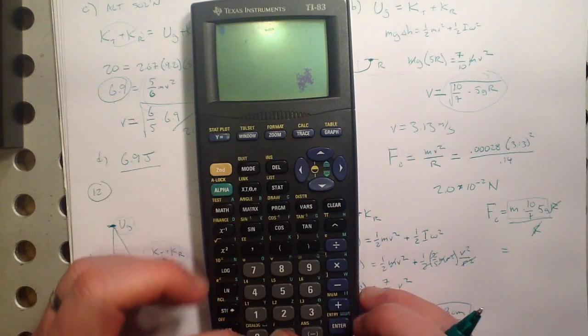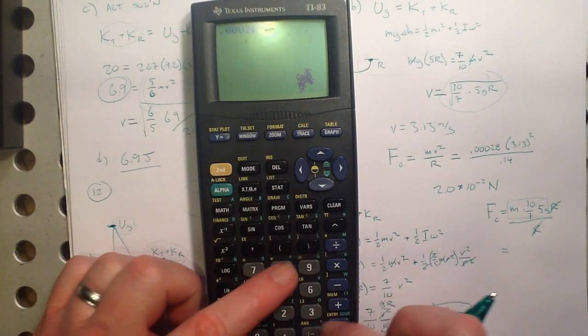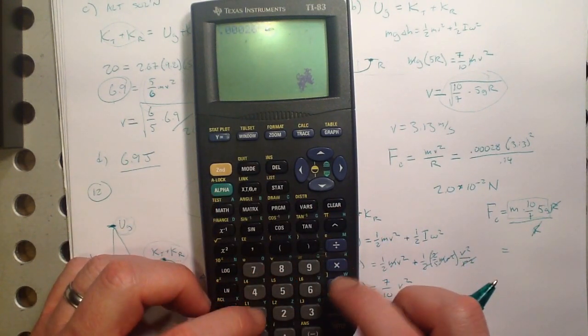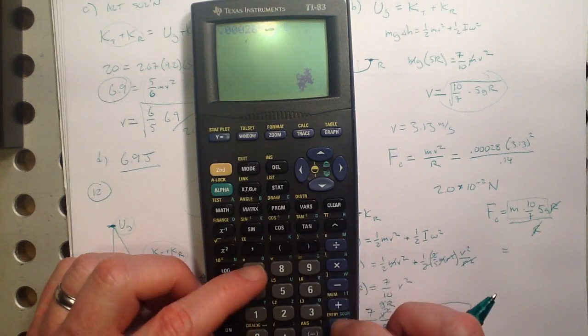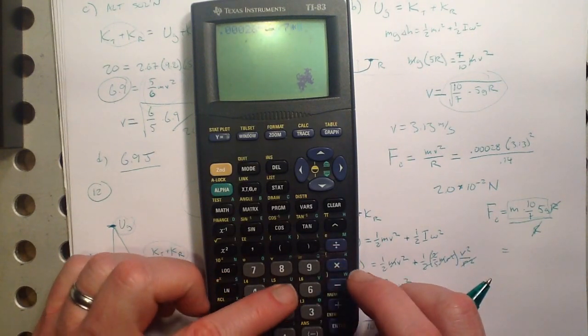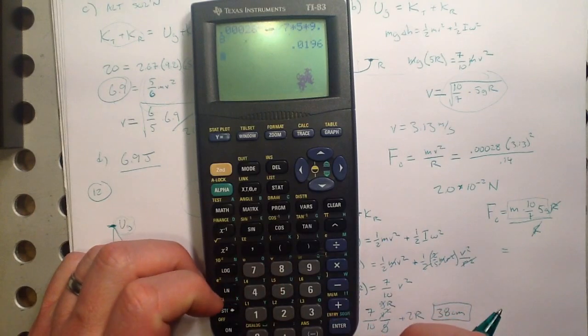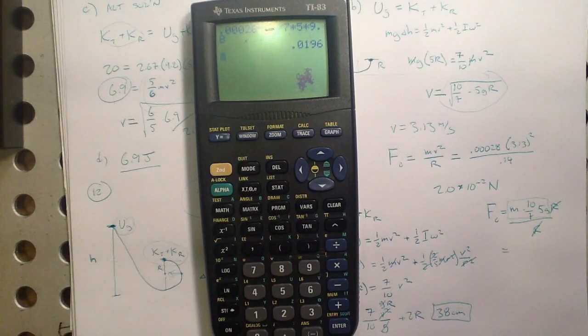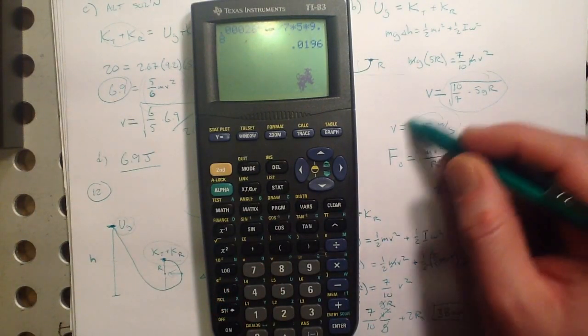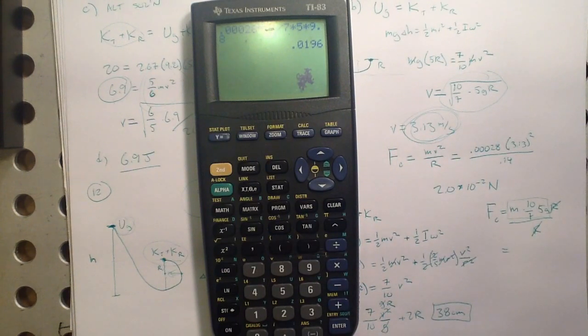So that's m, 0.00028 times 10/7 times 5g. Yep, and that gets me what they have. So it's just for rounding this number that I got something slightly different. So there you go. Good stuff. Rollin', rollin', rollin'.